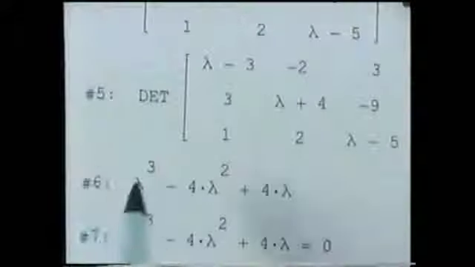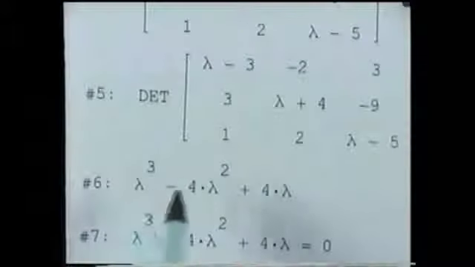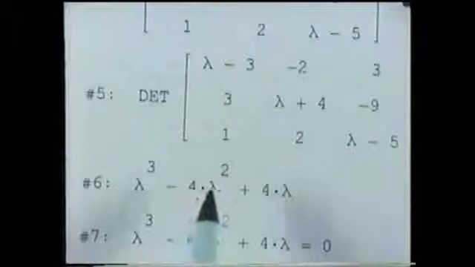Then I authored the determinant of number 4. So I just said author expression, determinant of number 4. And I've got lambda cubed minus 4 lambda squared plus 4 lambda.